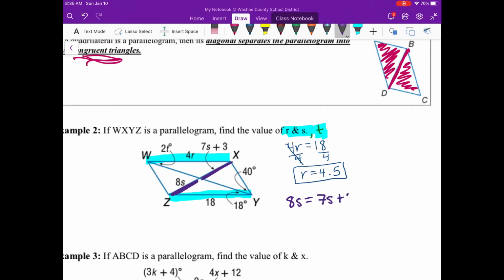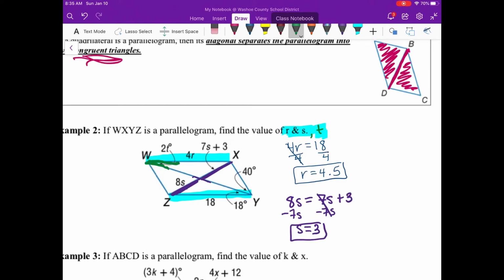So I'm going to be able to set 8S equal to 7S plus 3, because when they intersect here, it's cutting that diagonal into two equal parts. So I'm going to subtract 7S from both sides. That's going to give me 1S equal to 3. And that's my answer.